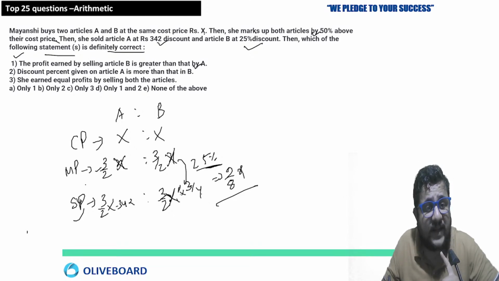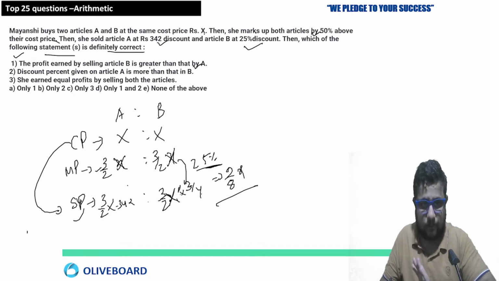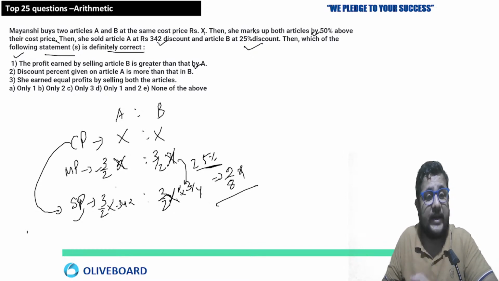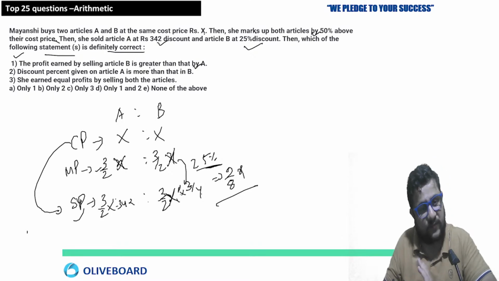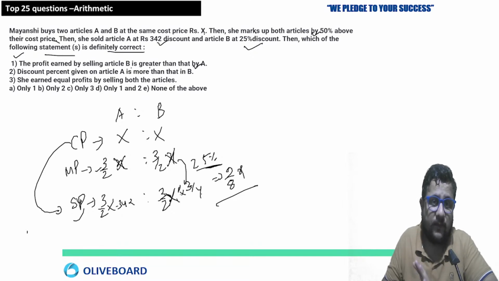So can we calculate profit or loss here? No, we cannot, because profit can be calculated by use of selling price and cost price. If they had given everything in percentage, then that was fine. Profit percentage, by that logic we can easily tell which one is greater or less.